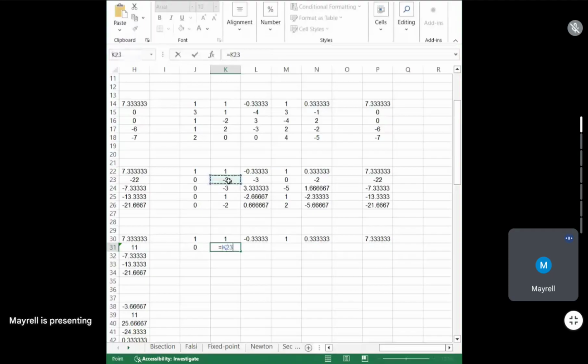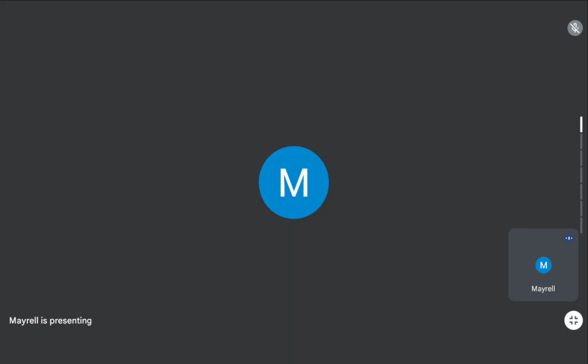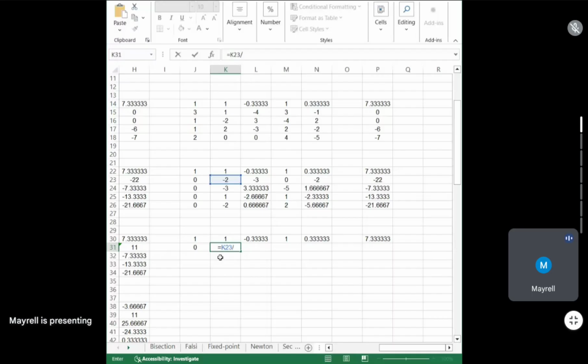So that's in K dollar sign, K23. Okay, so na 1 na siya. Then the rest of the row, they are divided by the element in A22.